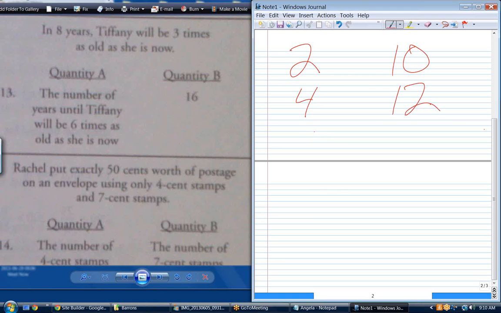Okay, so that's the first part of the problem. Tiffany is 4 years old. Now the rest is easy. The number of years until Tiffany will be 6 times as old as she is now, and we're comparing that with the number 16. So what's the most logical first step at this point?